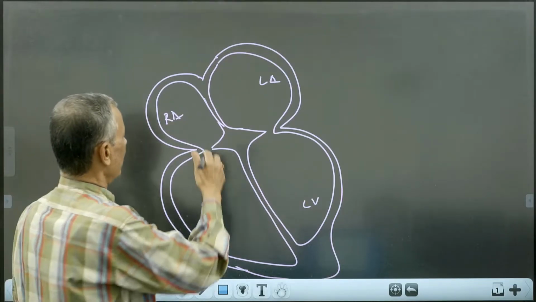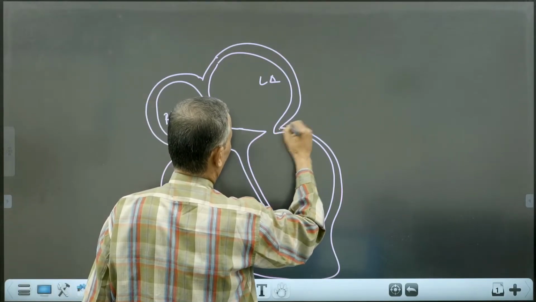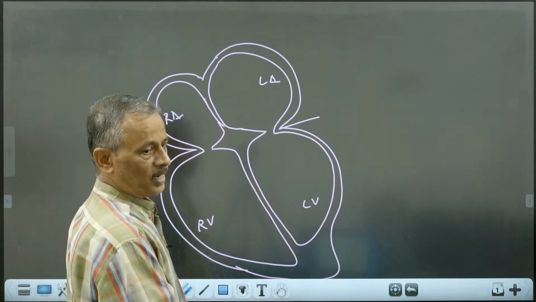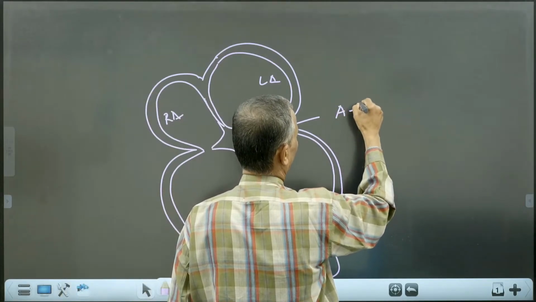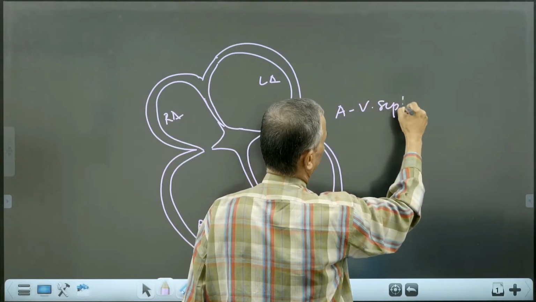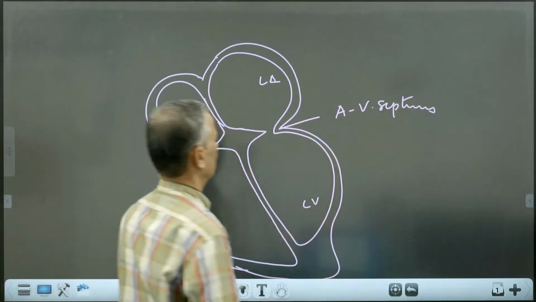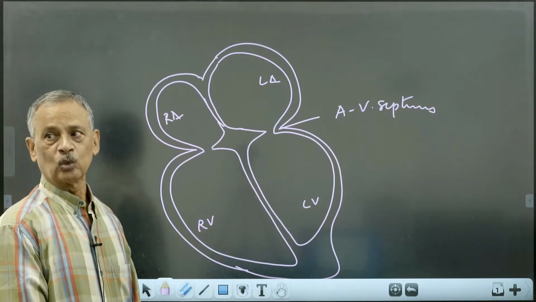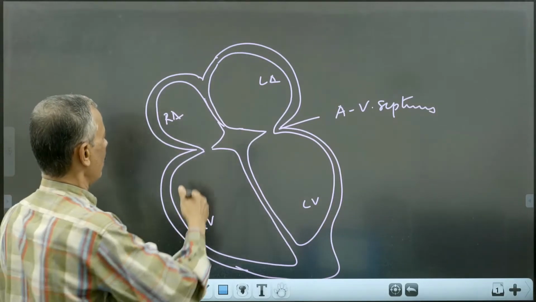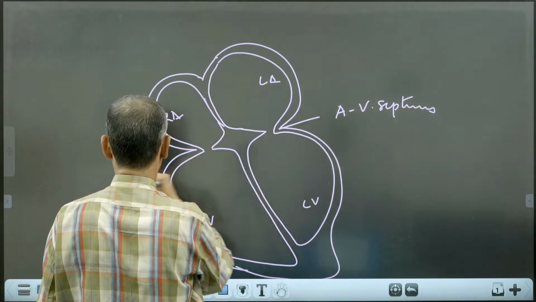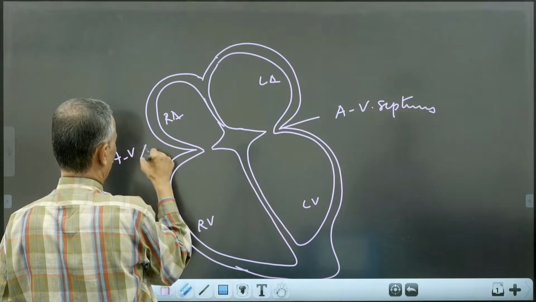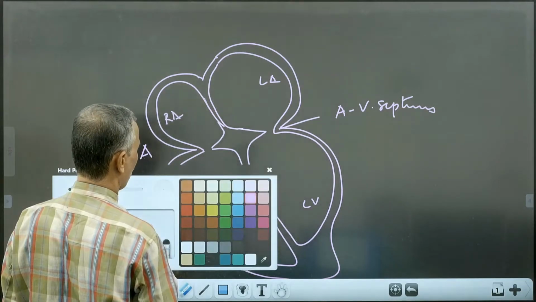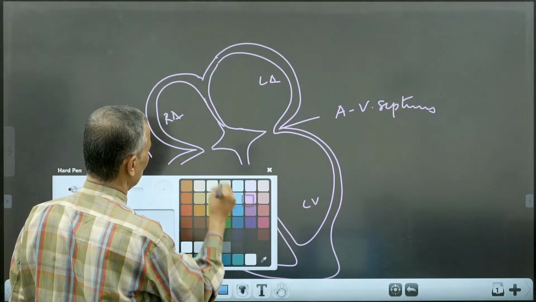Now, atria and ventricle are separated by a fibrous atrioventricular septum, which is having two openings called atrioventricular apertures. The right atrioventricular aperture is guarded by a valve having three lobes.